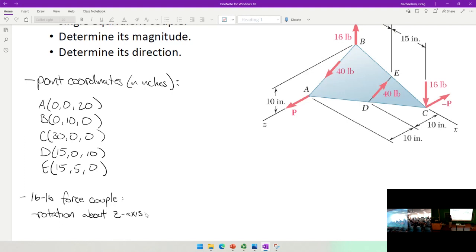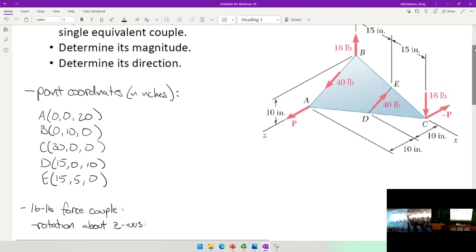Let me ask you another question. Let's talk about the right-hand rule. The right-hand rule states, I take my thumb and point it towards the positive z-axis, and my fingers indicate positive rotation.